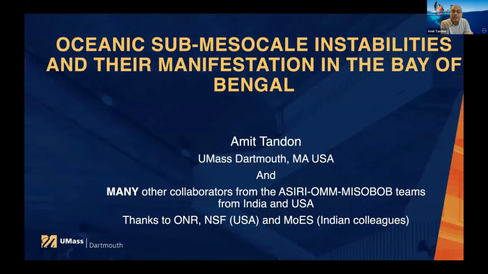And these were the air-sea interactions initiatives funded by ONR in the US, and the ocean mixing and monsoons initiative funded by the Ministry of Earth Sciences in India under the Indian Monsoon Mission.